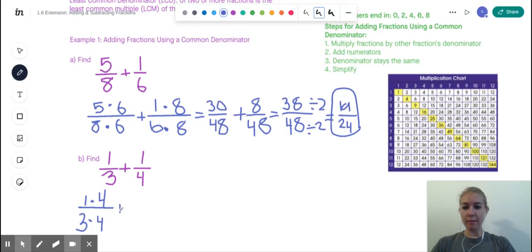And again, we're adding. And our other fraction is 1/4. And we're going to multiply that by 3 because the first fraction's denominator is 3.